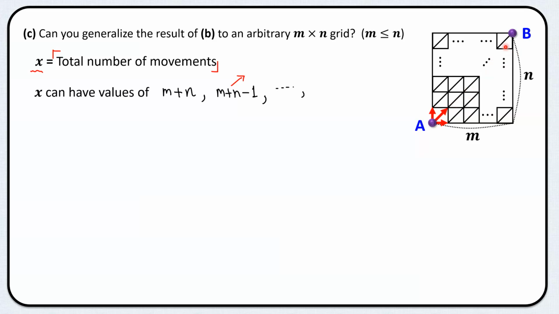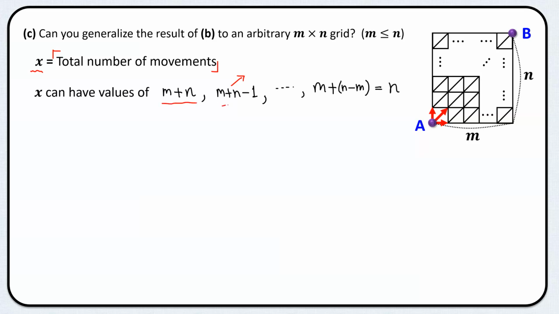The maximum number of diagonal movements is the smaller number between m and n, in this case m. This means that we have m diagonal movements, and all that's left are upward movements, of which there are n minus m. That is, the smallest value that x can have is just n.